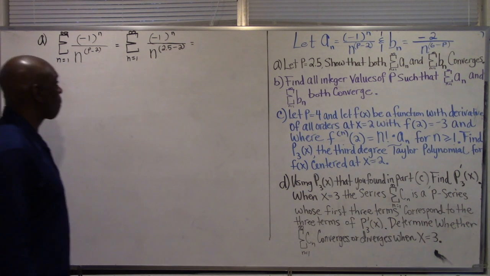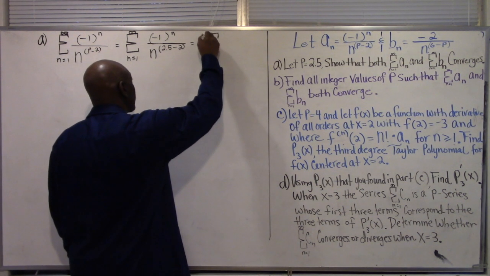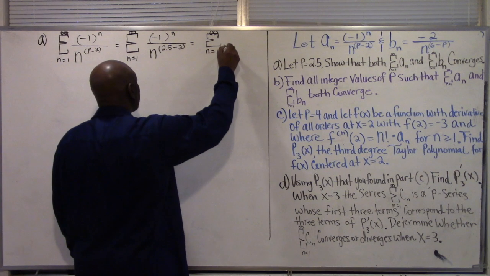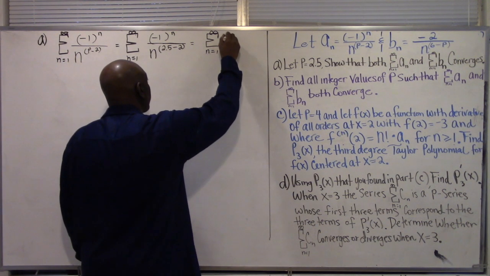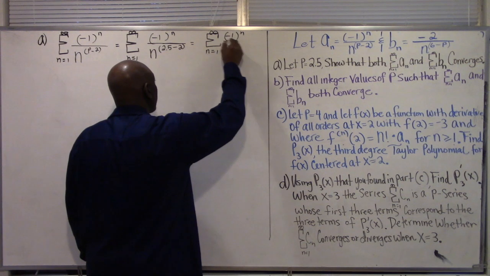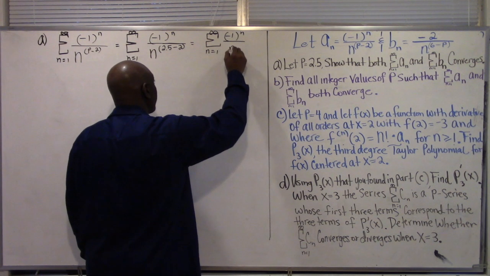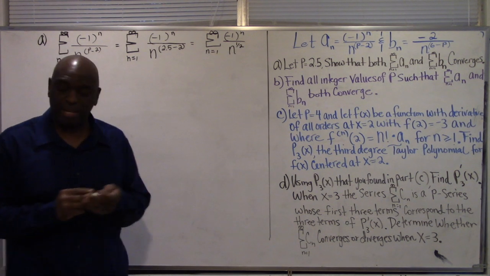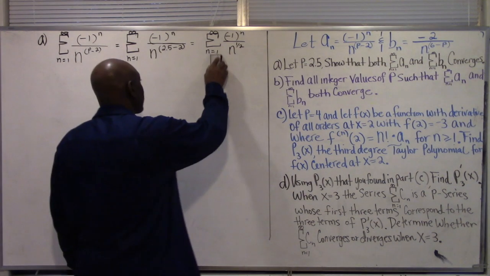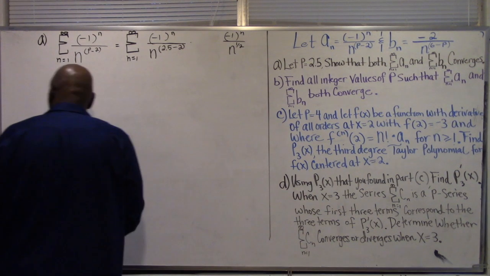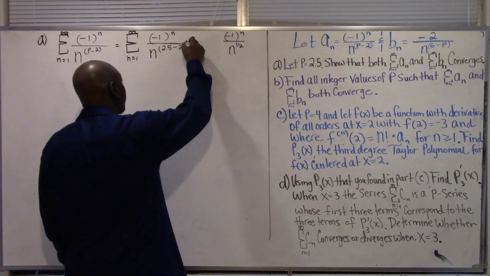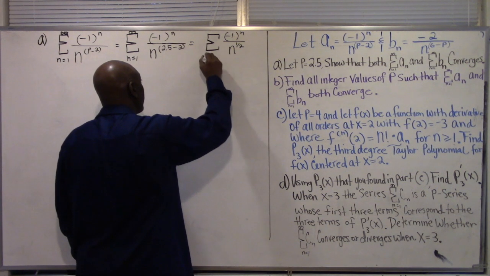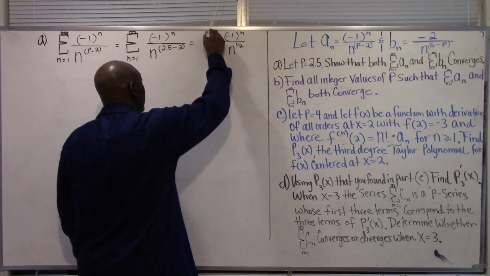Okay, we're getting there, which is going to give me a series where n equals 1 to infinity of (-1)^n over n to the 1/2, or n to the 0.5. Let me make this a little bit better. Here we go, n equals 1 all the way to infinity.